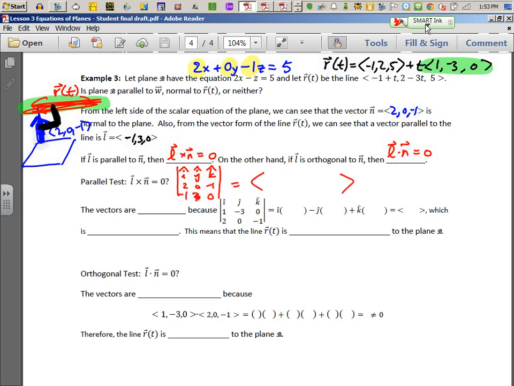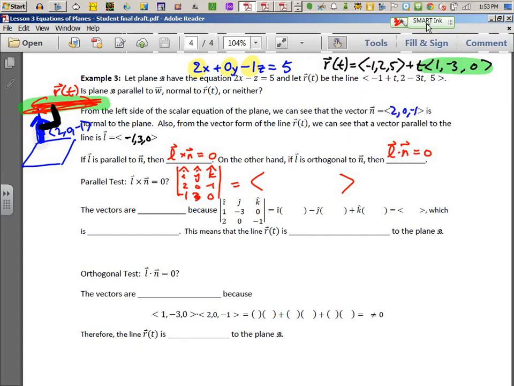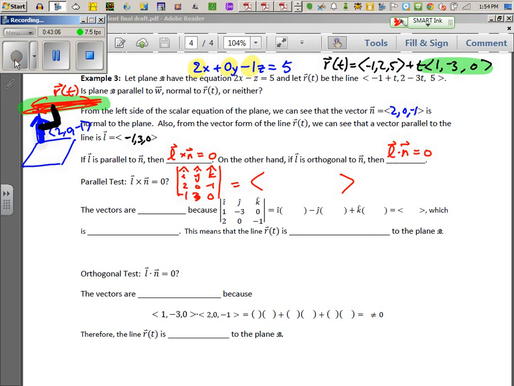Doing a cross product is a little bit of work. When you use the four numbers in the corner, you get 0 minus negative 3. It does take a little practice to get used to this.